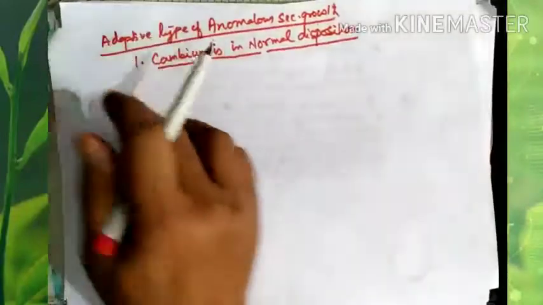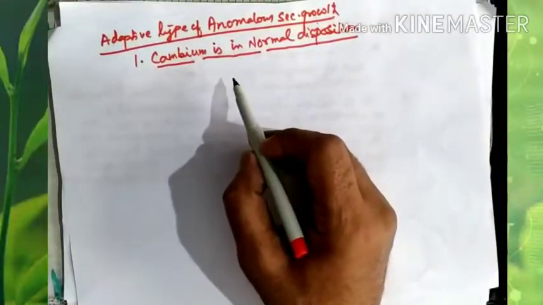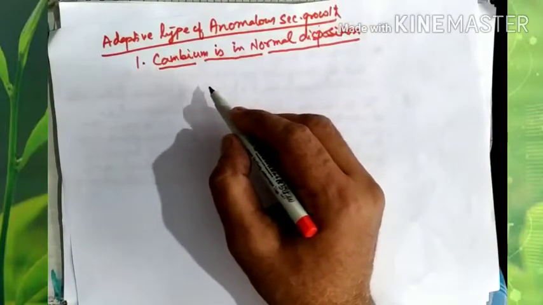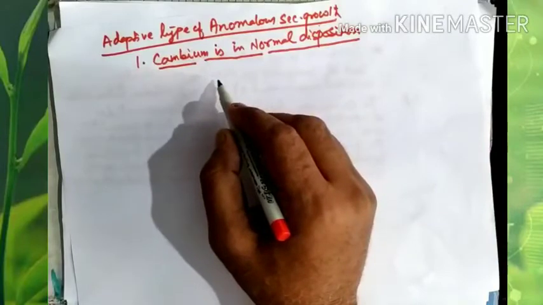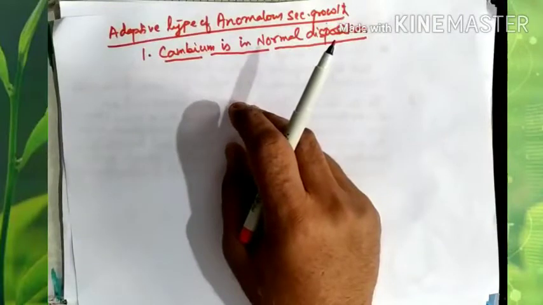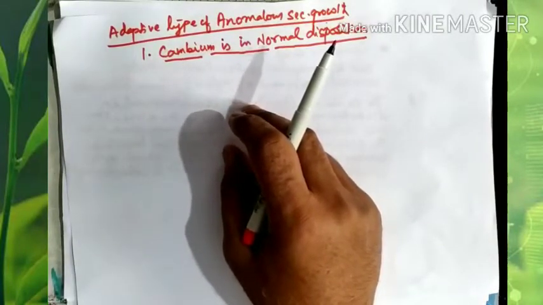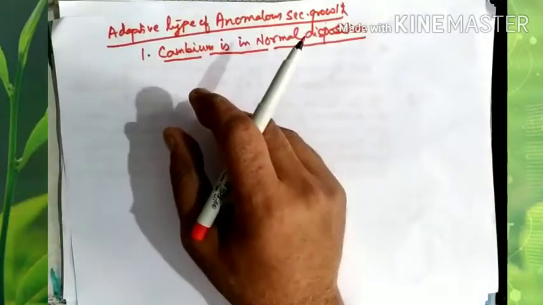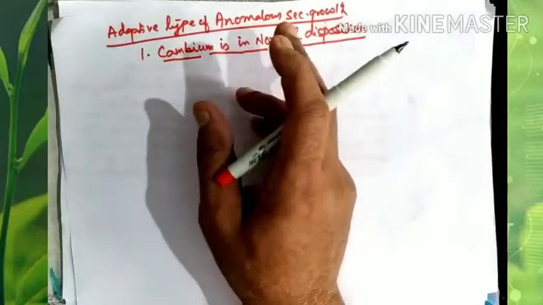So, this type of the anomalous secondary growth occurs generally in lianas, that is the woody climbers, and due to the unusual activity of the cambium, amounts of xylem and phloem are cut in disproportion.